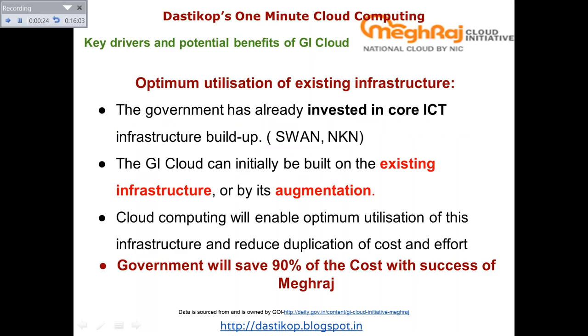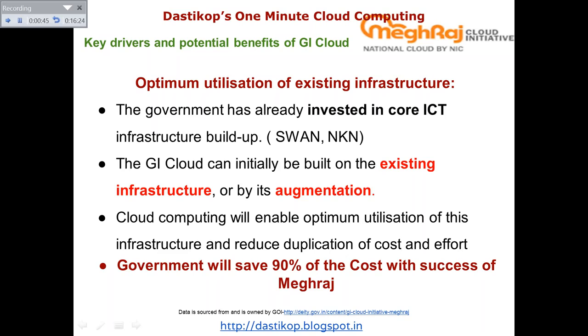And we want to take most of the investment that we have made. Suppose we make this progress very effectively, the Indian government is going to save up to 90% of the cost with the success of Meghraj. So whatever money we have invested in infrastructure, if we can integrate it using what is known as virtualization technology, which is part of cloud computing, we are going to save 90% of the investment that we have made.